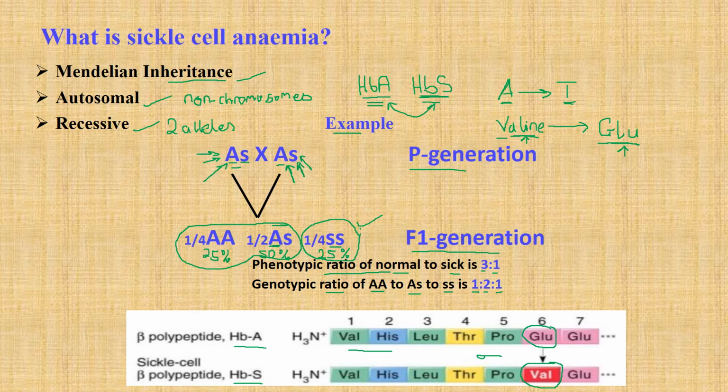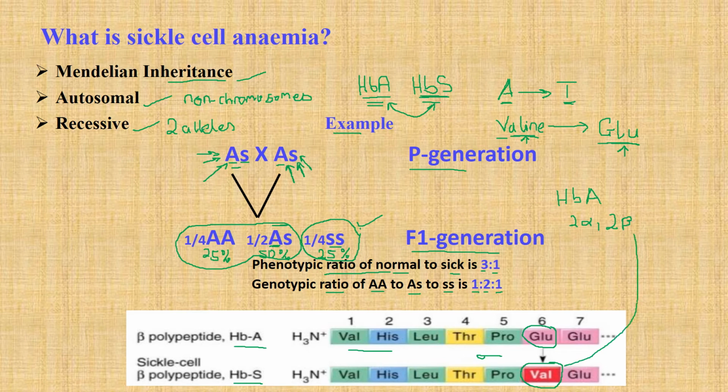One thing we should know is that the mutation takes place in the beta subunit of normal hemoglobin, resulting in sickle hemoglobin, because normal hemoglobin A has 4 subunits: 2 alpha subunits and 2 beta subunits.